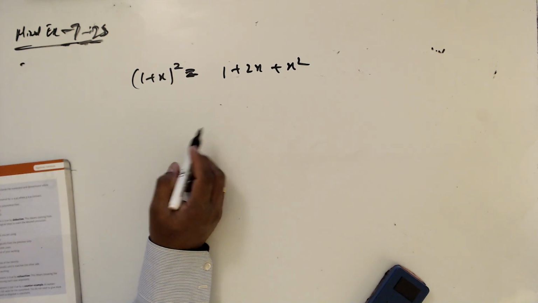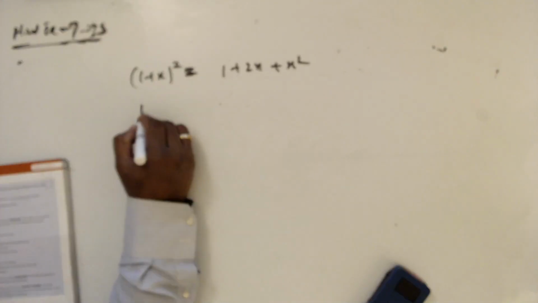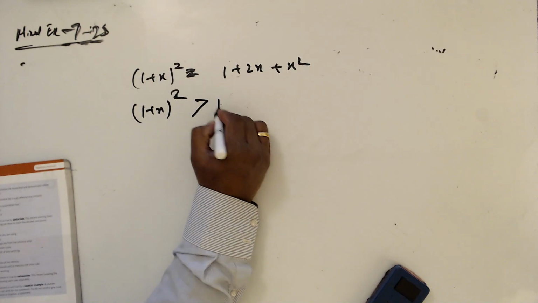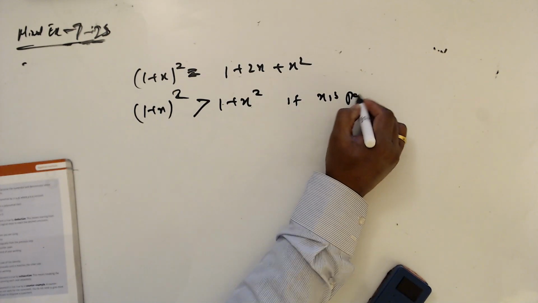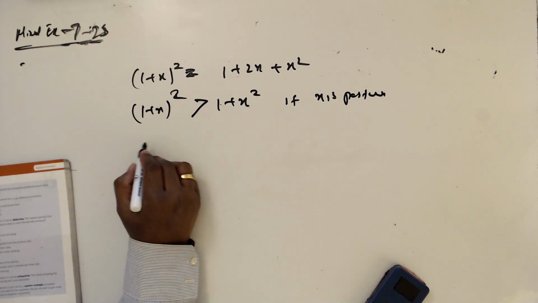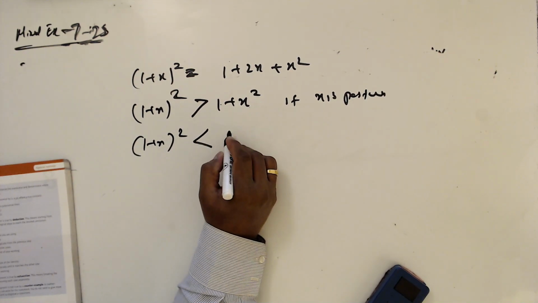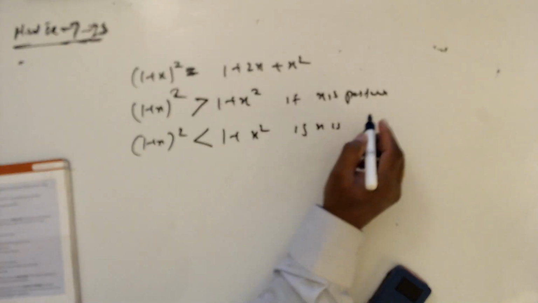Now, what will happen now? If x is positive, (1 plus x) squared is greater than 1 plus x squared. (1 plus x) squared is less than 1 plus x squared if x is negative.